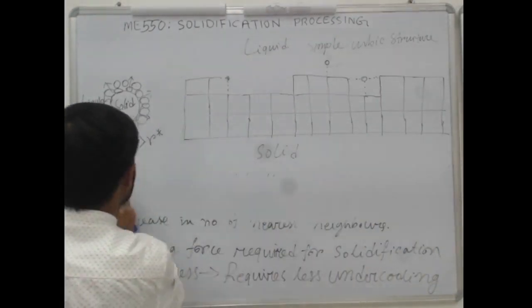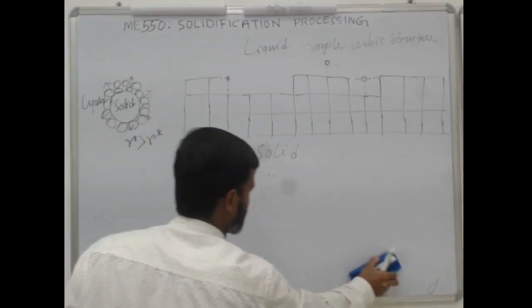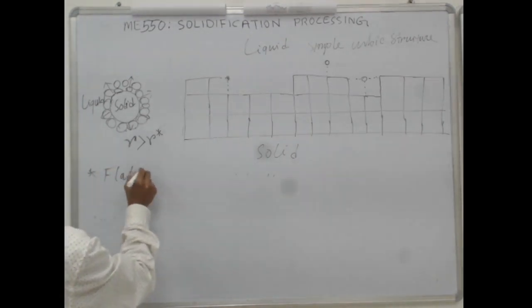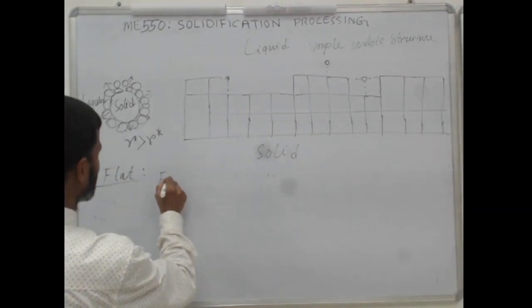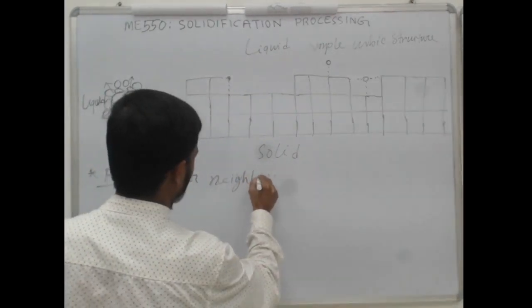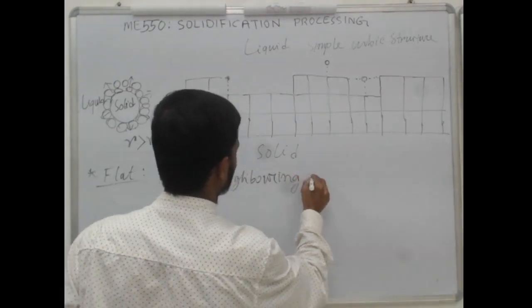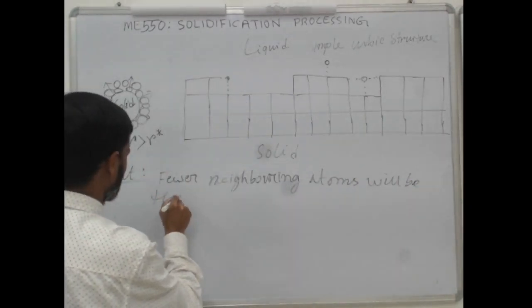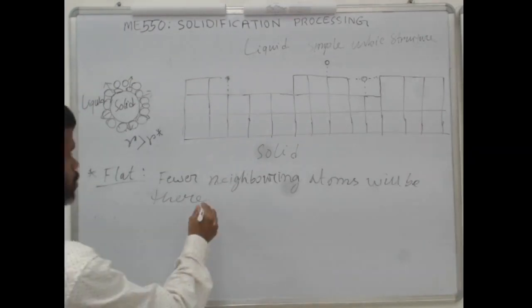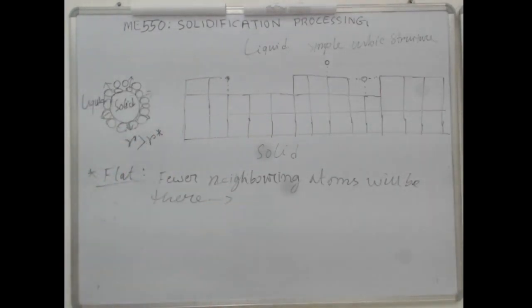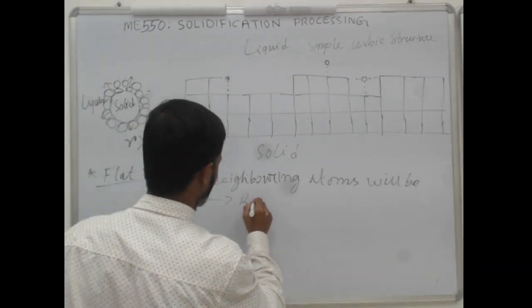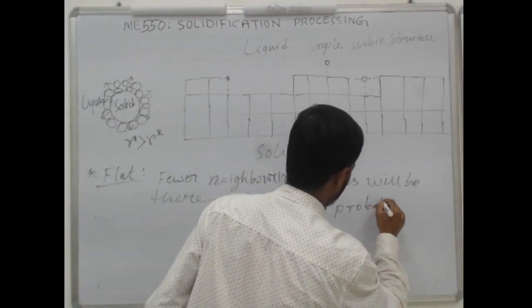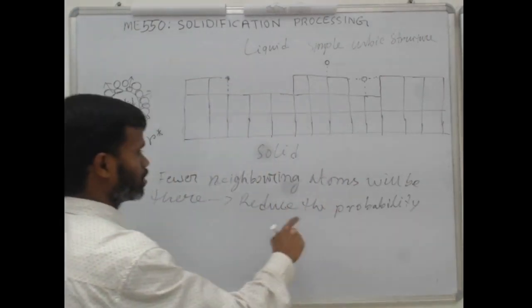But if the surface is atomically flat, fewer neighboring atoms will be there, so it will reduce the probability that the atom will stay there.